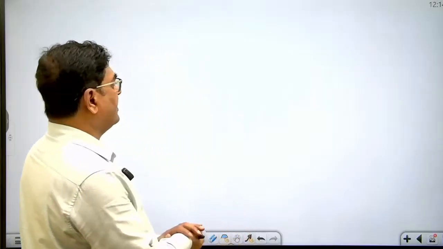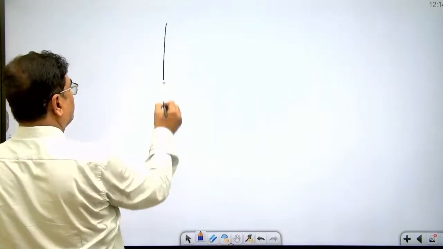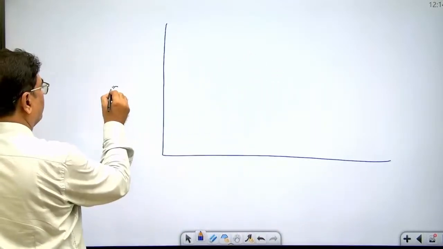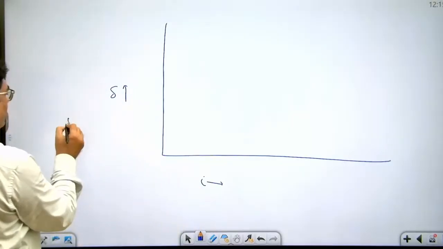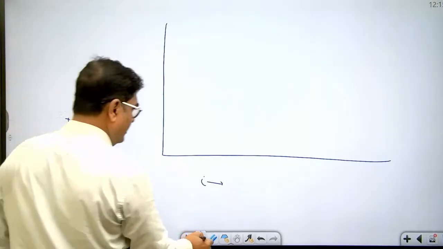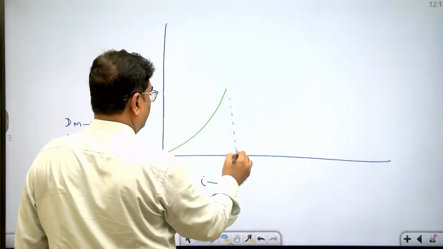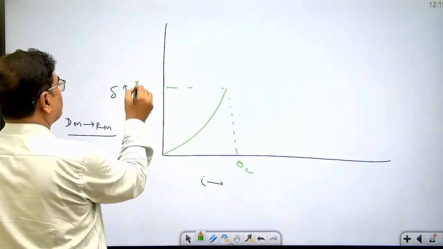If we draw a complete graph for a light ray moving from denser medium to rarer medium, this is angle of deviation and angle of incidence, okay? This angle is called critical angle, and this is pi by 2 minus theta c.